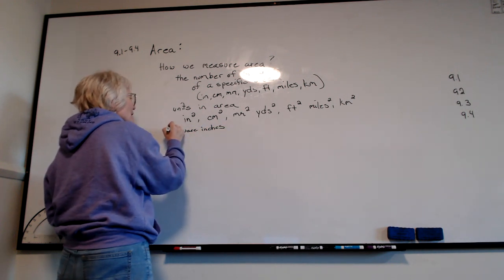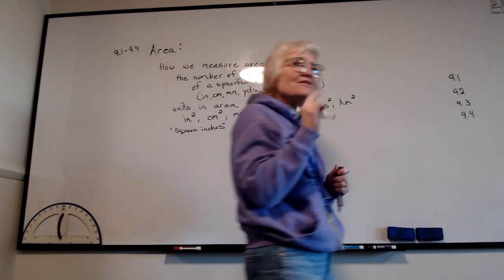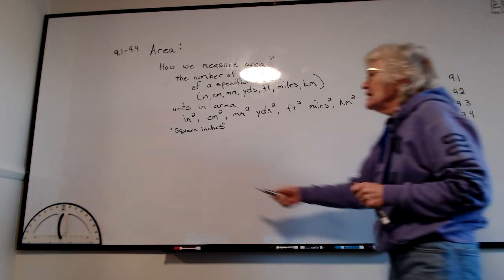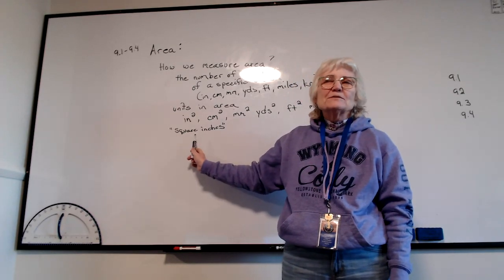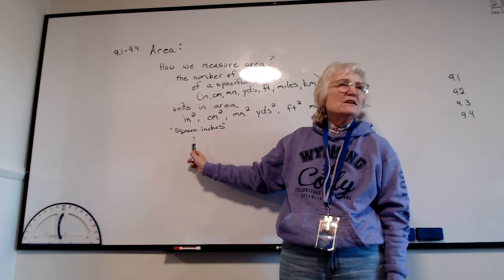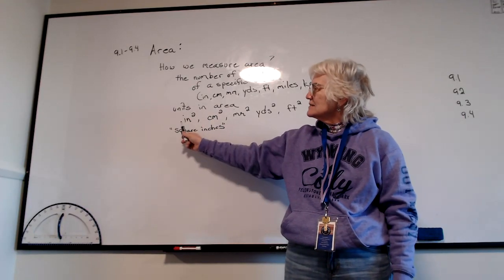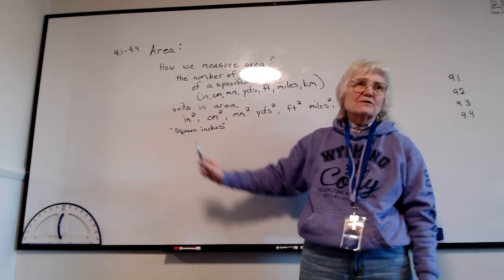I think this describes it more. It's just that I'm lazy, and a lot of mathematicians are lazy, and we don't want to write out the words square inches, so we write inches with a little 2 on it. But this just says I'm measuring it in squares that are 1 inch wide, 1 inch tall. Okay? That's really what this says, that we're measuring in this size of squares.